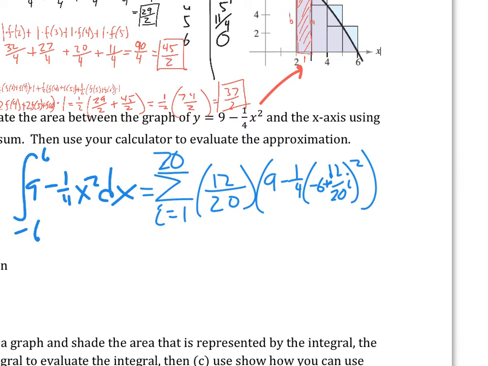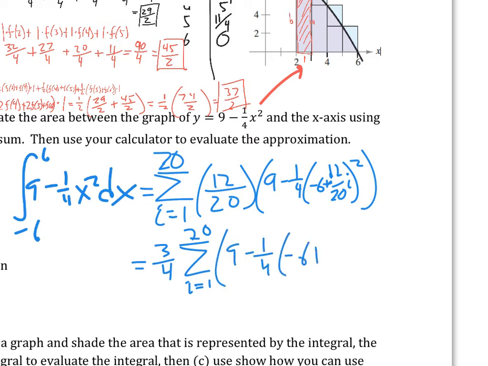But that's what we got, and we're going to use our calculator to do that. And I might clean it up a little bit here. 12/20ths is 3/4, and I'm going to move that out. 3/4. All right, and the sum of 1 to 20. That makes it a little bit cleaner. Don't want to do much simplifying here.